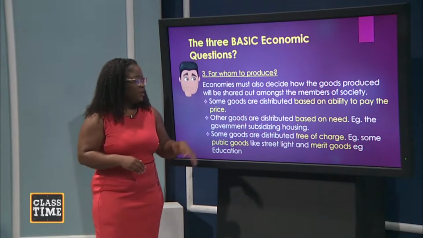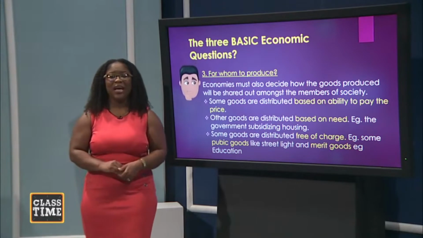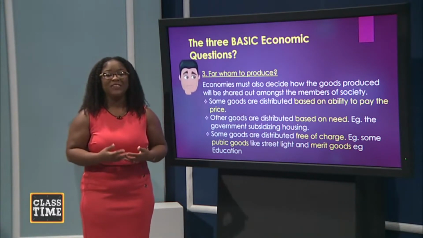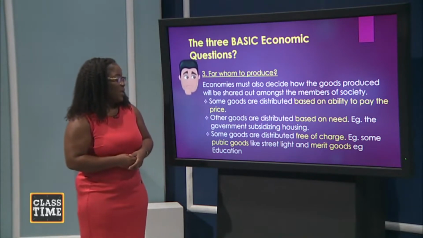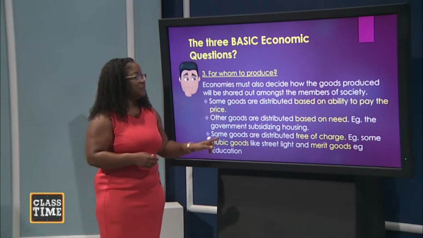So merit goods, for example, education and healthcare, like in Jamaica, we have a subsidy that is provided in these areas, or we consider these two services to be free. So in some cases, for whom to produce, these are some things that we do consider.